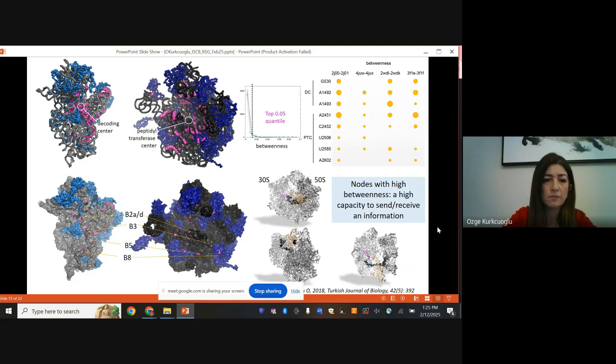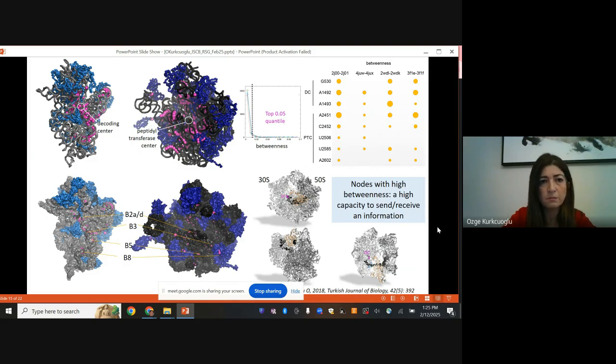So when you look at these, they are forming certain paths between certain sites of the bacterial ribosome, and by definition, the nodes with high betweenness values have a high capacity to send and receive information.